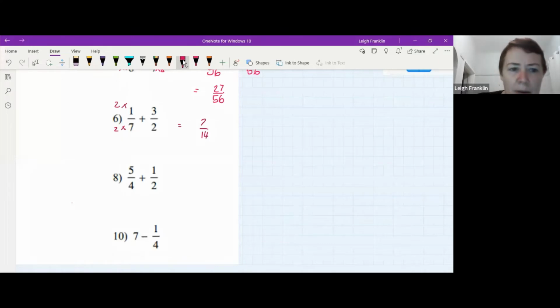No, 1 multiplied by 2 can't give you 1. 1 multiplied by 2 has to give you 2. Oh, ma'am, that's it. Don't worry. Good. All right. You're on the right track.